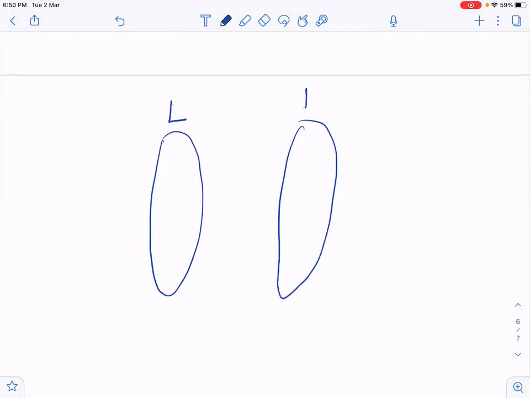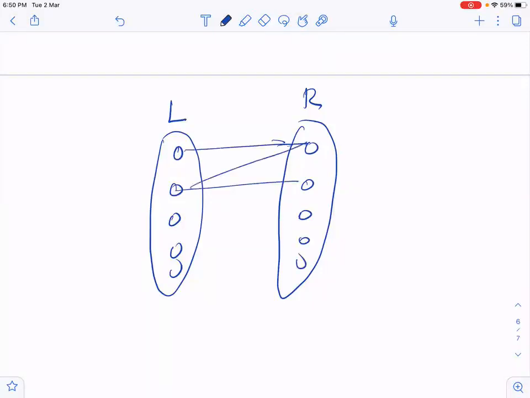So I have this graph, right? And I have some set of edges over here. What I will do is add a vertex S over here and a vertex T over here.